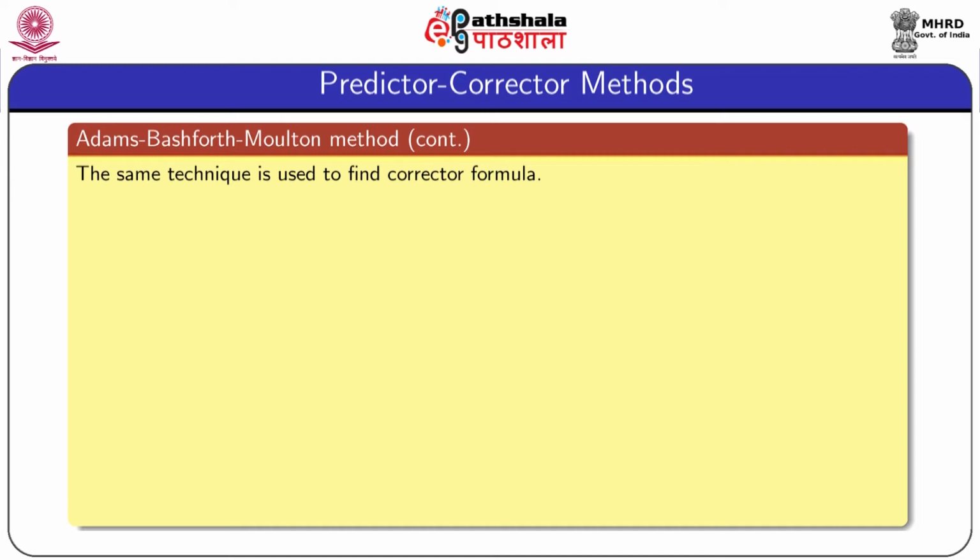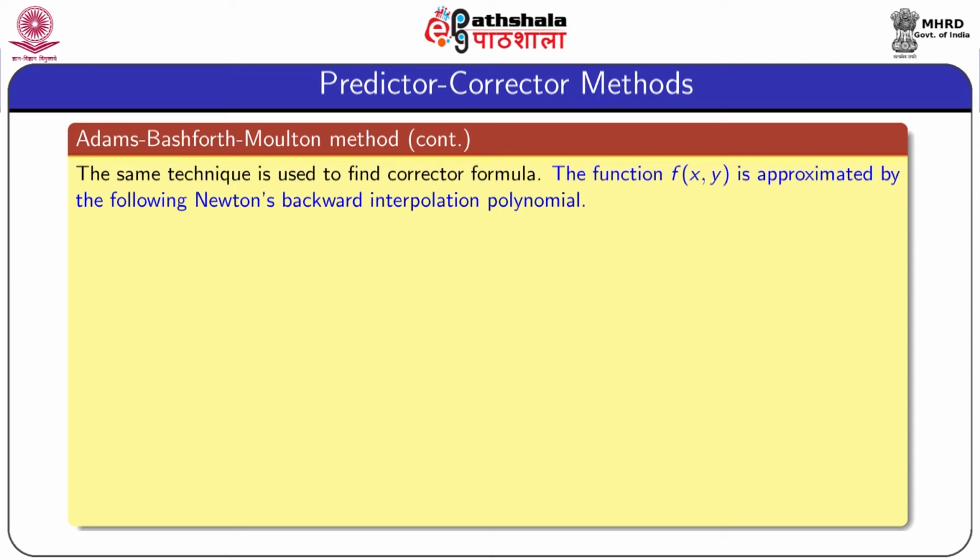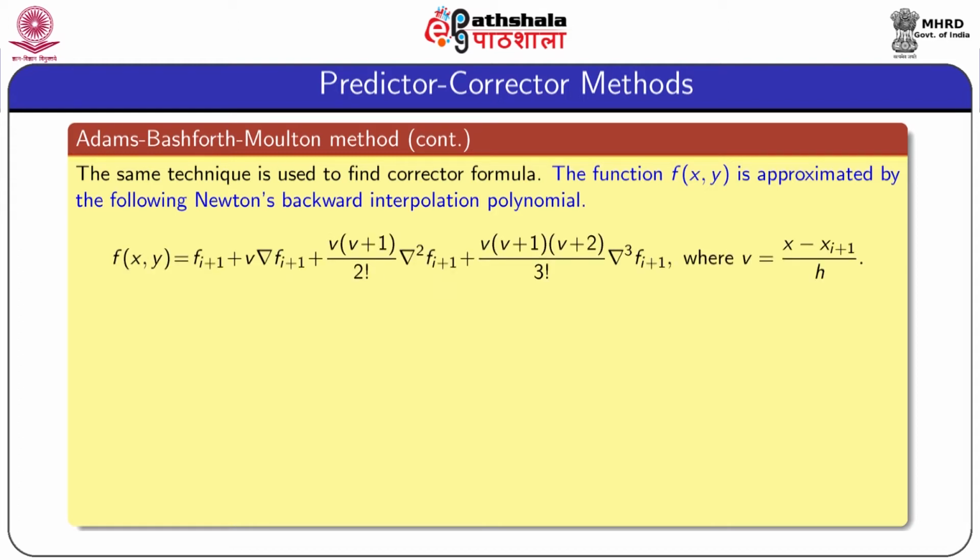Now, to get the corrector formula, that means another formula, the same technique is used, but the function f(x, y) is approximated by the Newton backward interpolation polynomial, but the formula is this one: f(x, y) equals f_{i+1} plus v nabla f_{i+1} and so on, where v is equal to (x minus x_{i+1}) by h.